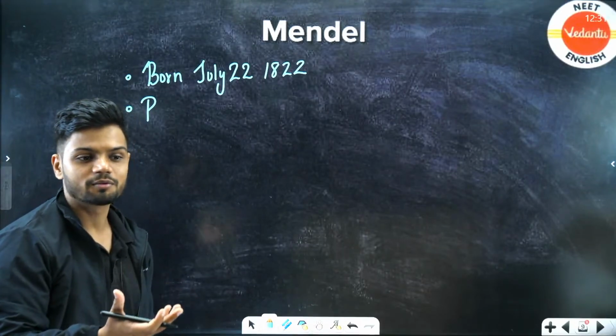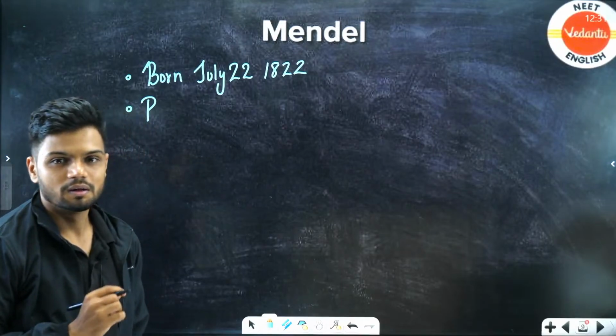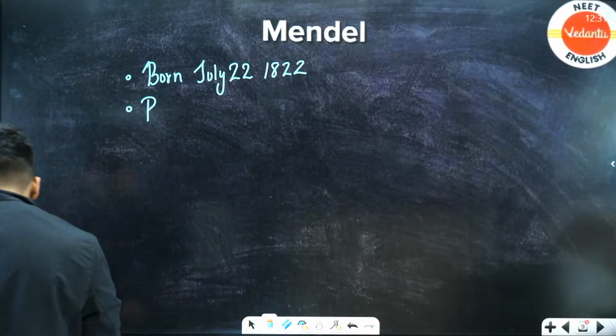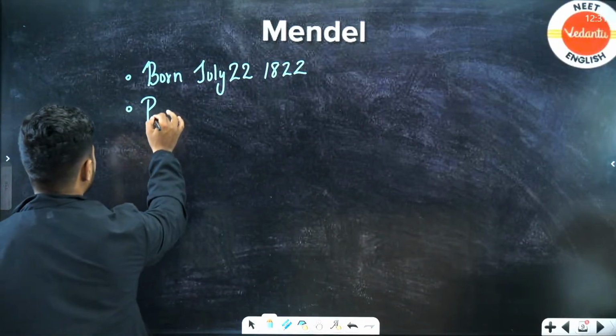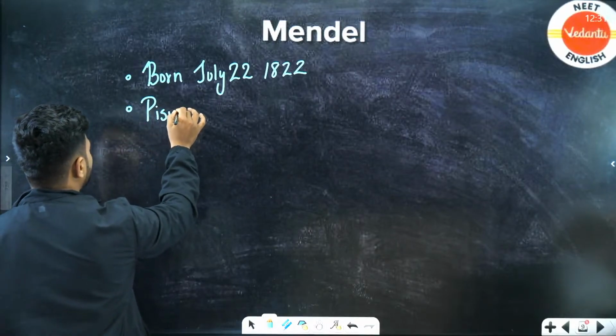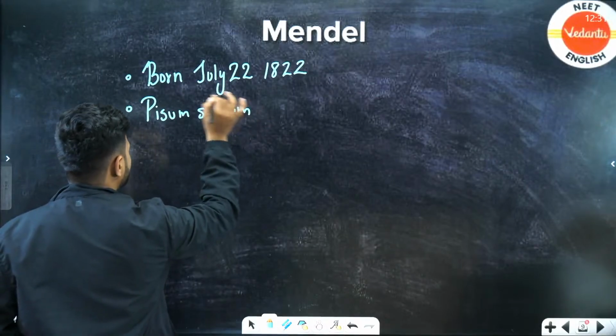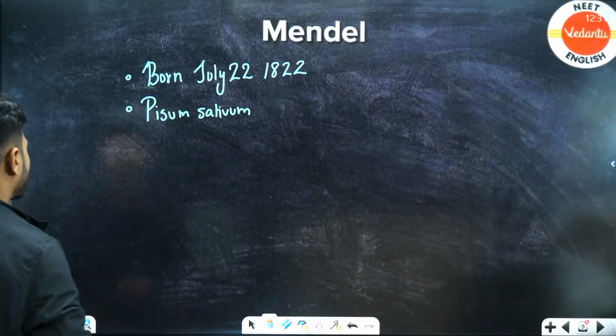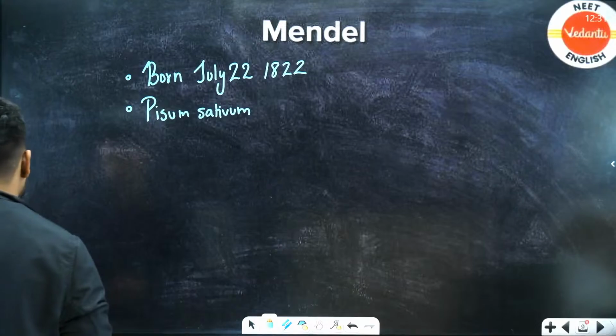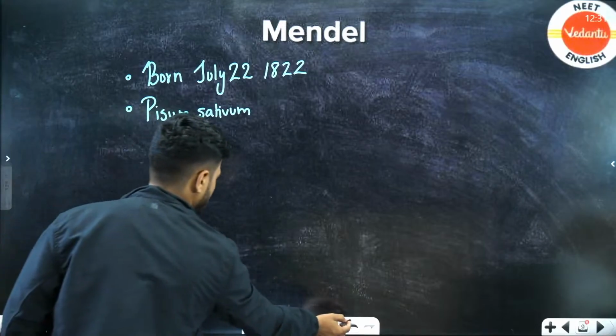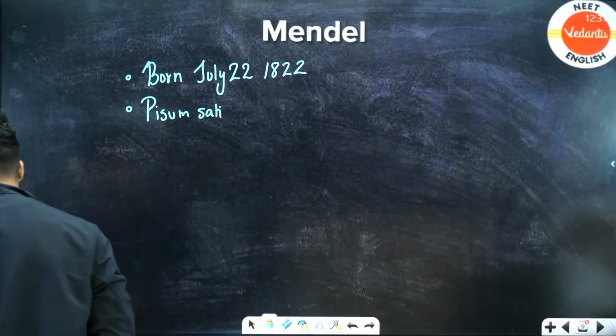In paneer, you add something called green small matar, which is the Hindi word. That is called the pea plant, and its scientific name is Pisum sativum.